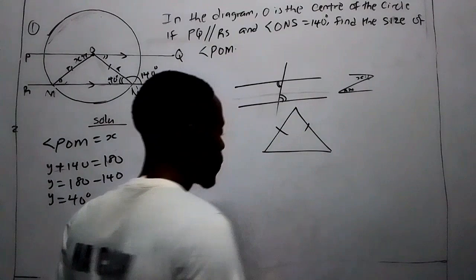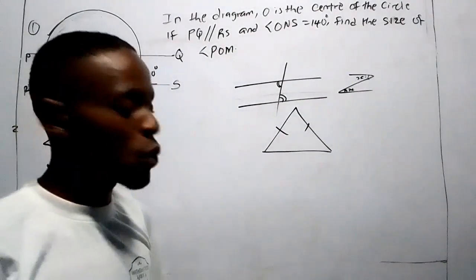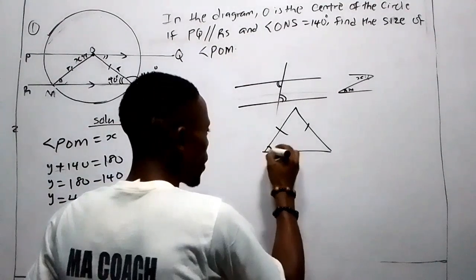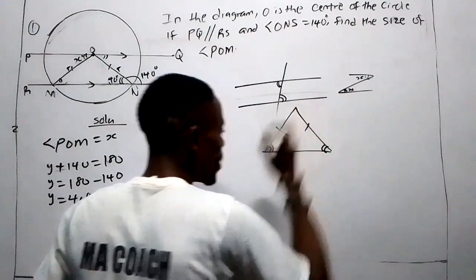And if you still remember the types of triangle, the one with two sides equal is called an isosceles triangle. In an isosceles triangle, the base angle here is equal to the base angle here.